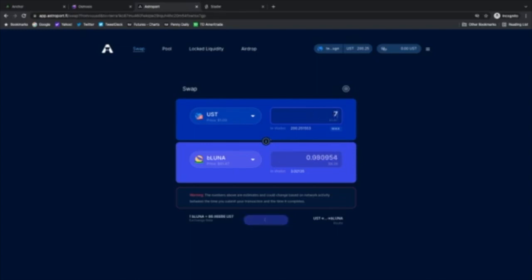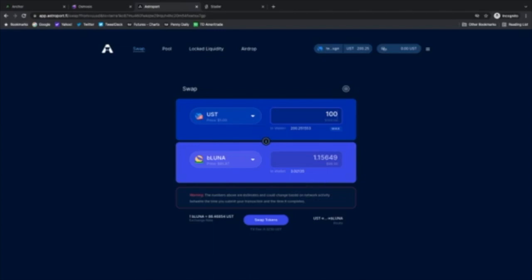So bonded Luna is essentially a staked Luna, or it's liquid staked, and it's built for being used on Anchor Protocol. And when you unstake Luna normally, like when you stake it on Terra Station, it takes 21 days to unstake, right? So when you go to Anchor and you burn bonded Luna, it takes 21 days to essentially unstake it. It's called burning in this context for reasons that are unclear to me, but it's just what it's called. But that's a whole other separate process.